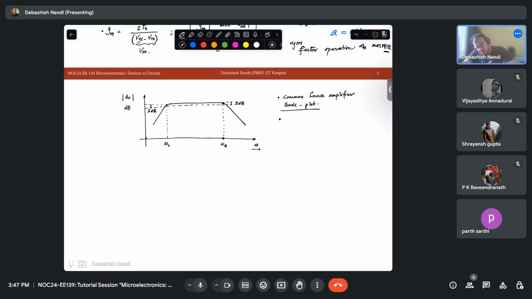So can you guys tell me what determines this point? This is generally determined by your coupling capacitances. Okay. Basically, what is happening?